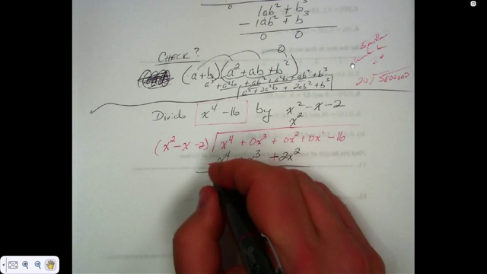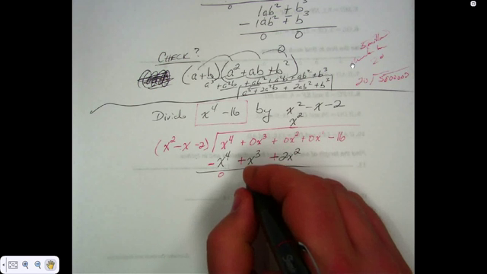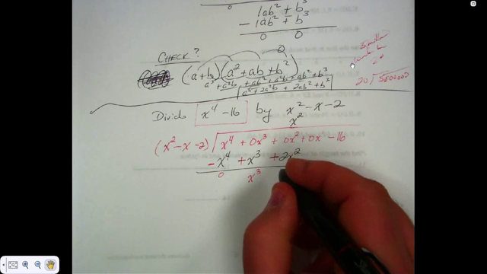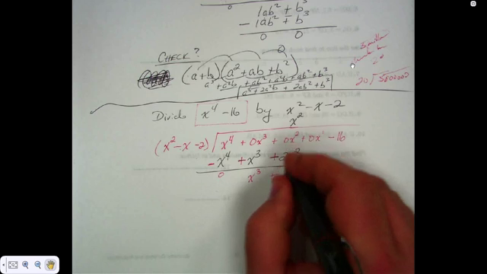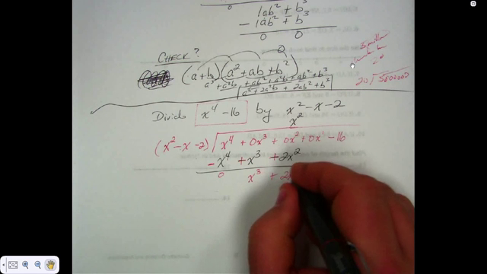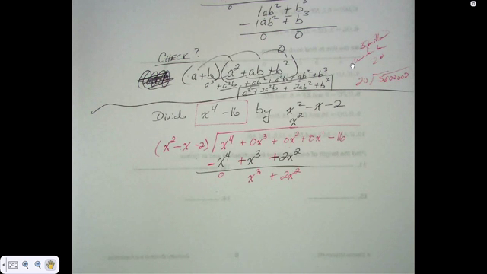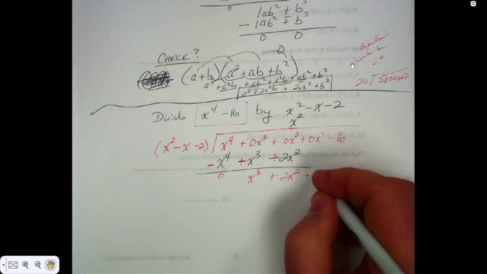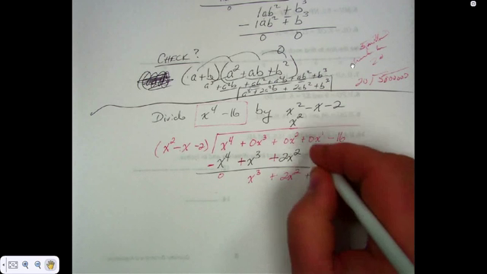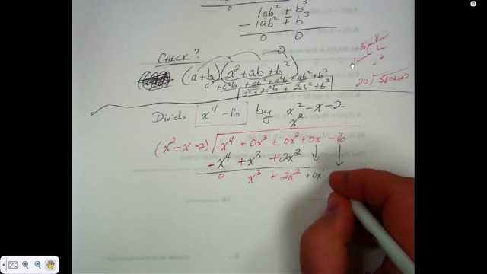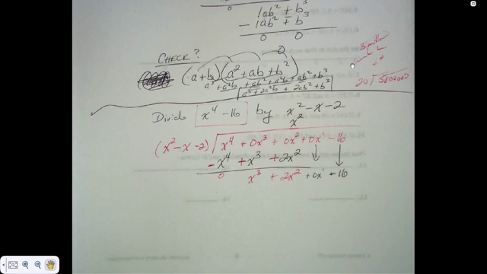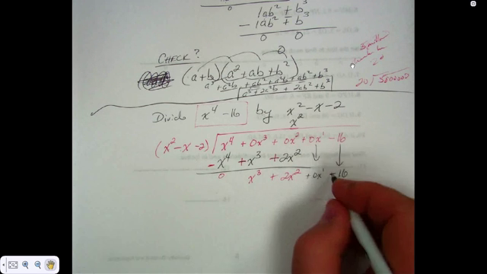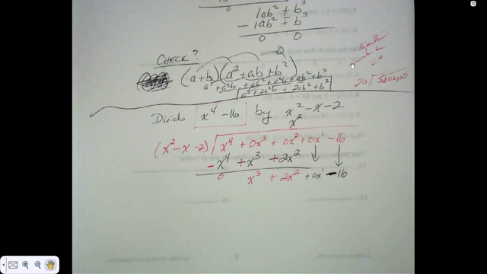So when I subtract these, this goes to 0, and what is here? x to the 3rd plus 2x squared. Any question there? So what's my next step? I bring down the plus 0x to the 1st and minus 16. Bring all that down. Everybody understand there?